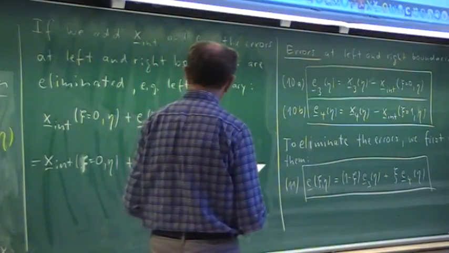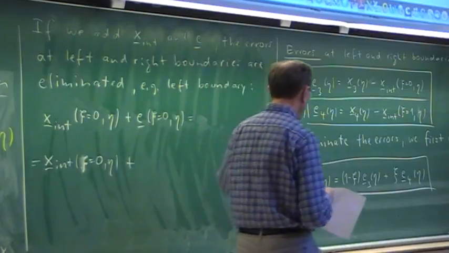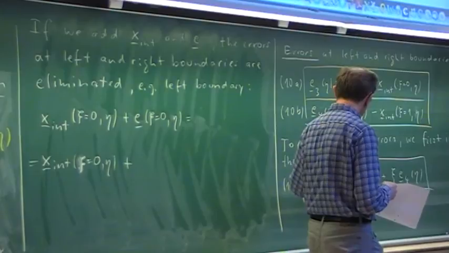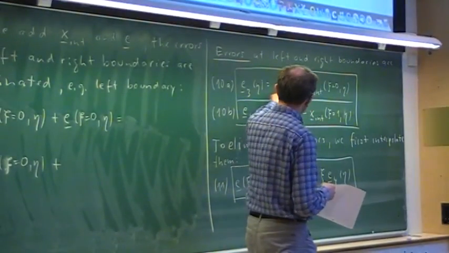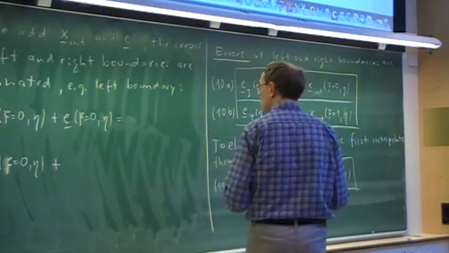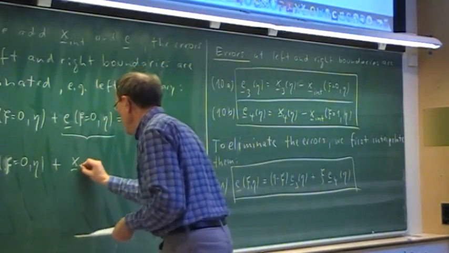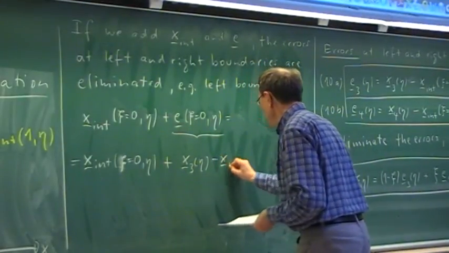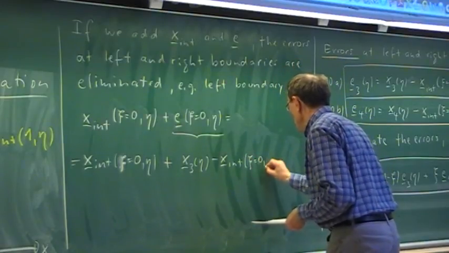If we are at psi equal to 0, here you see the definition of the error in the whole domain, then we are at E3 of eta. So then we get this expression here: E3 is the x3 of eta minus the interpolated coordinates at psi equals 0 and eta.